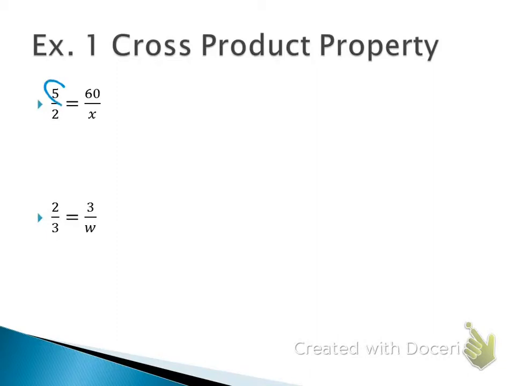You are going to take what is across from each other or diagonal and multiply that. So in this case, I have 5 times x, which is going to be 5x. Now, what is very important about a proportion that you cannot forget about is this equal sign right there. That's what makes it a proportion because it's equivalent to one another. So once I multiply what's diagonal from each other, I'm going to put the equal sign there.